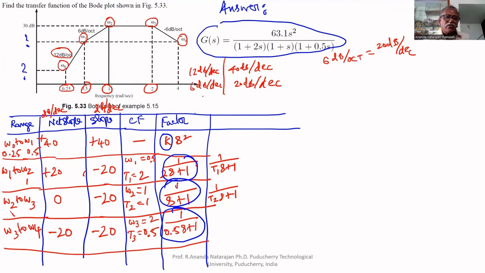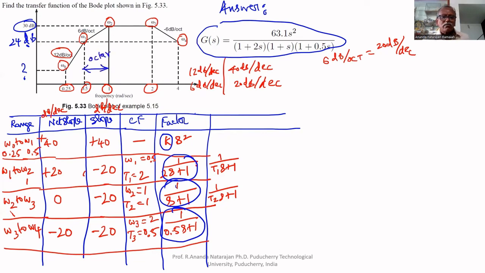But we can find it. Here 0.25, 0.5, 1. The slope is 6 dB per octave, so here 30 decreases to what value? 24 dB here. Here 0.5, here 0.25: this distance is 1 octave.